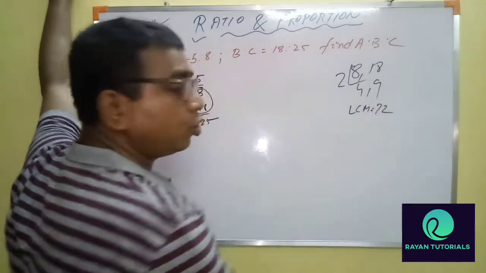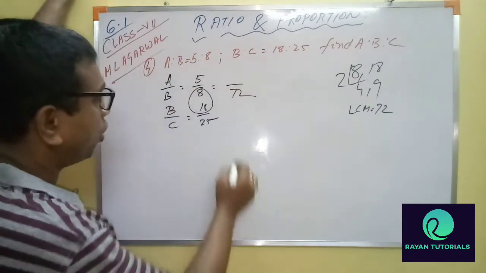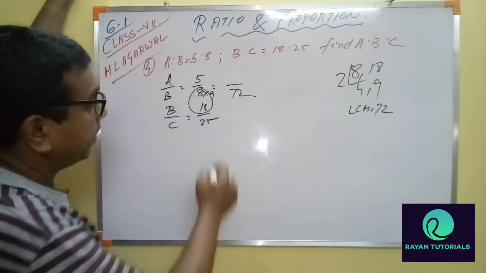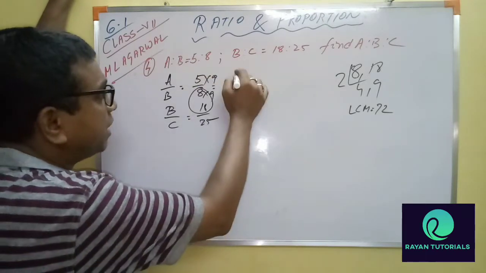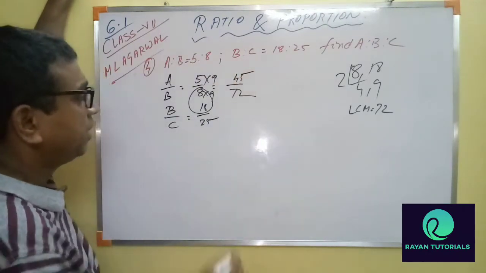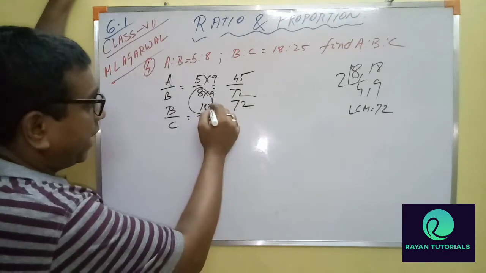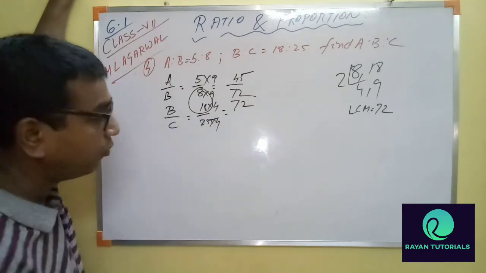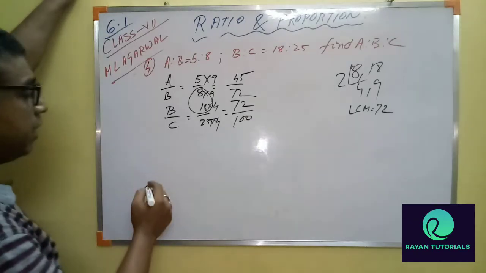LCM will be 72. That means I need to make here 72. How to make? 8 into 9. So if I multiply by 9, here also multiply by 9. 9 5s are 45. Now here also I need to make it 72. Now 18 4s are 72. So here also multiply by 4. So 4 25s are 100.